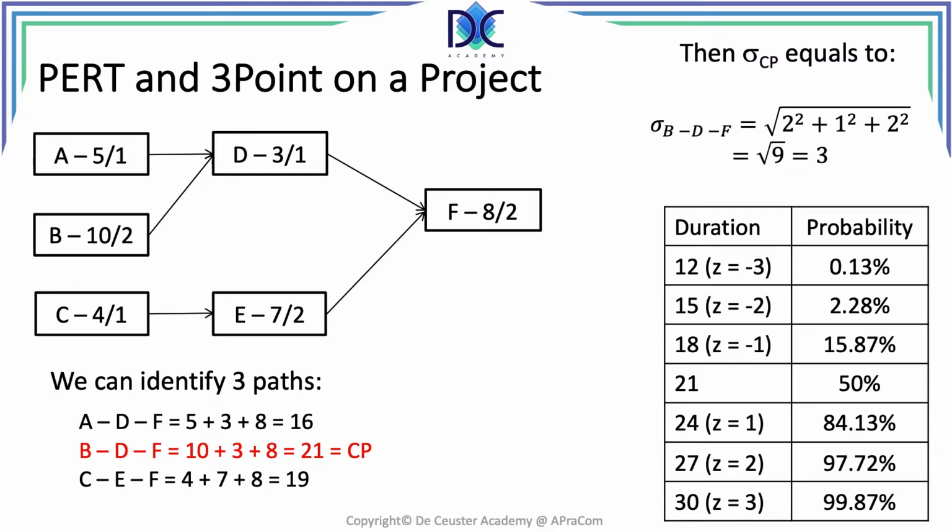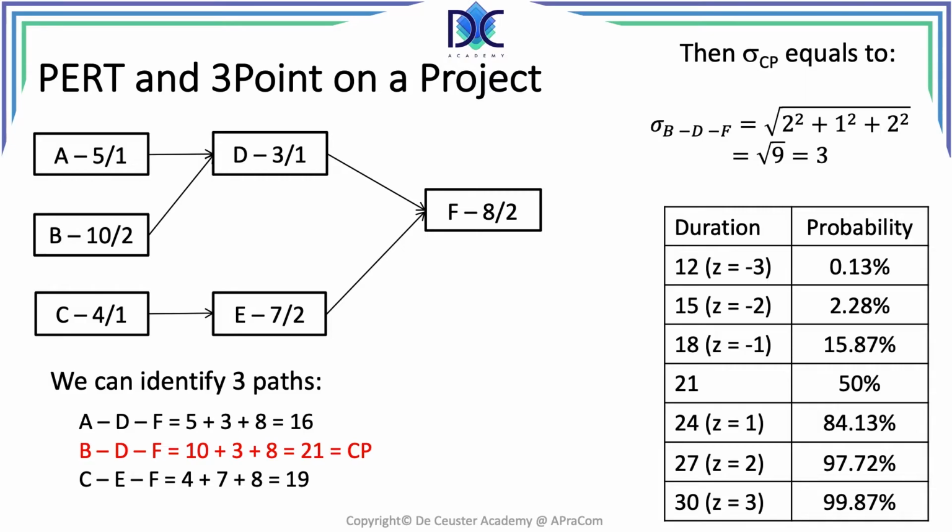So we have 50% probability that the duration will be less than 21 periods or 50% more than 21 periods. The reason is very simple. The normal distribution is a symmetrical distribution.